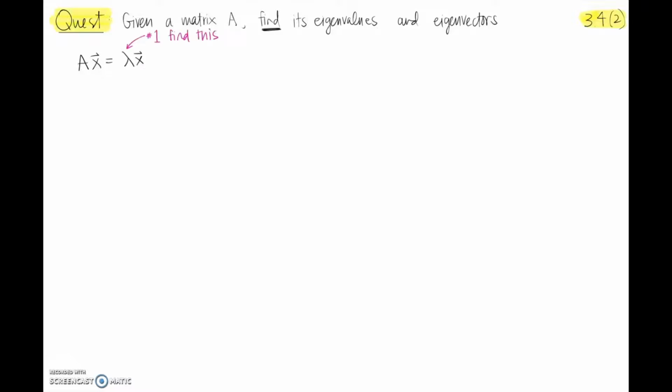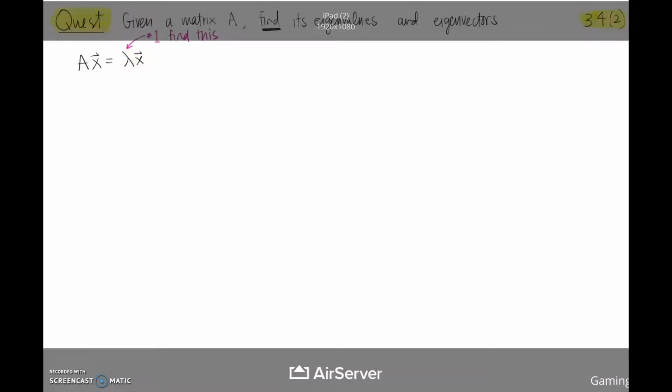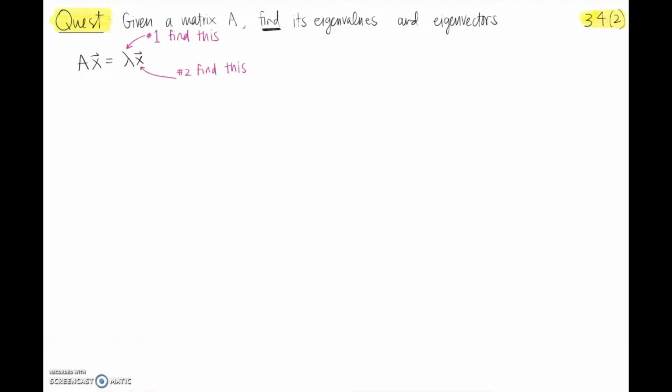So I said that the first thing we were going to do was find eigenvalues. So this will be our first job, to find the eigenvalue, and then after we do that, we'll go back and find the eigenvectors. And remember, in this special relationship, the only thing that we're given is a matrix A. We're trying to find all the vectors that satisfy this relationship for A. So basically with eigenvectors and eigenvalues, you're just thrown some random square matrix A, and the job is to find these other parts.